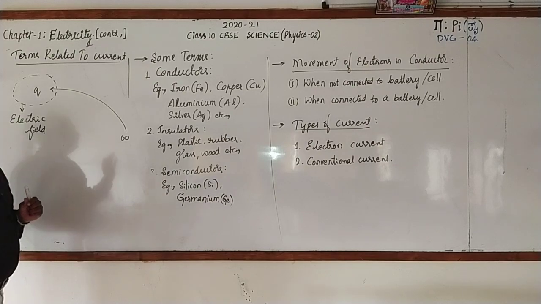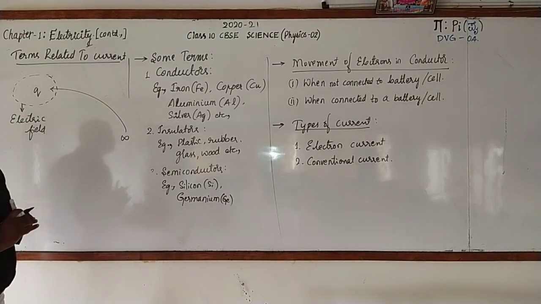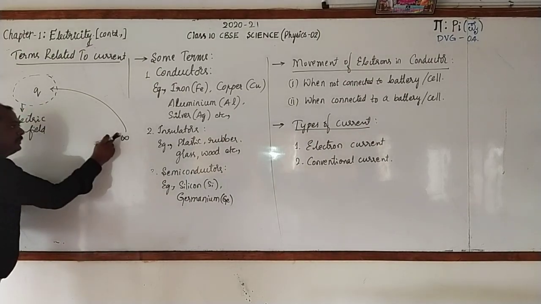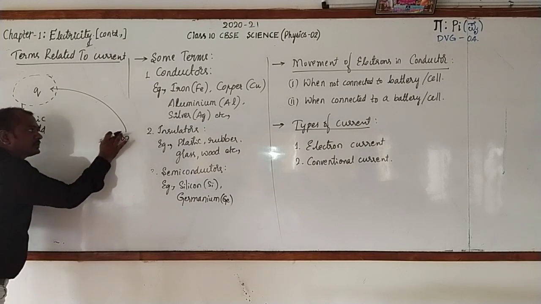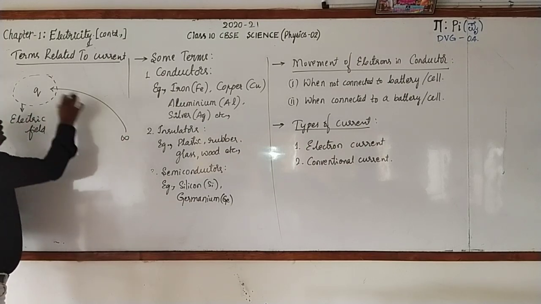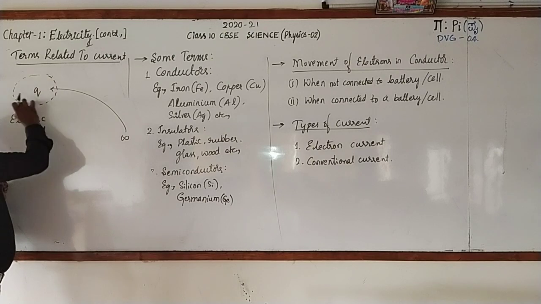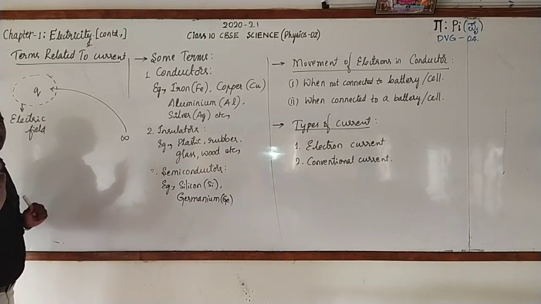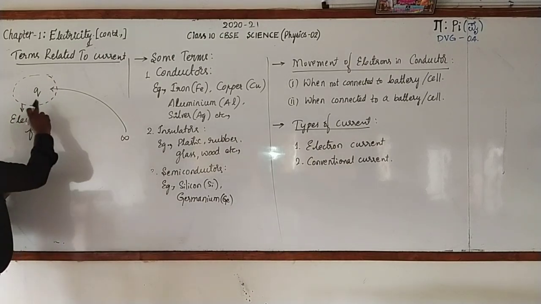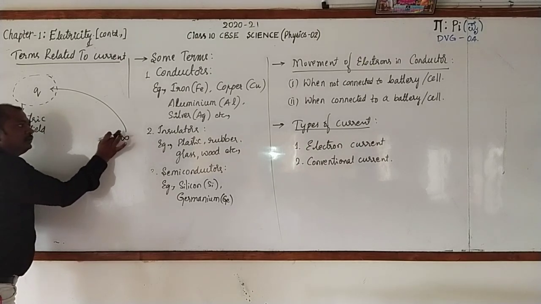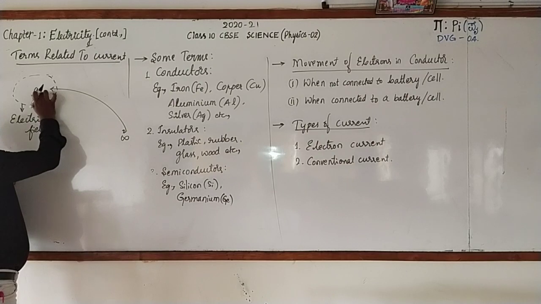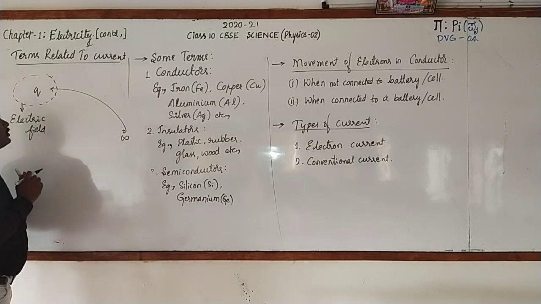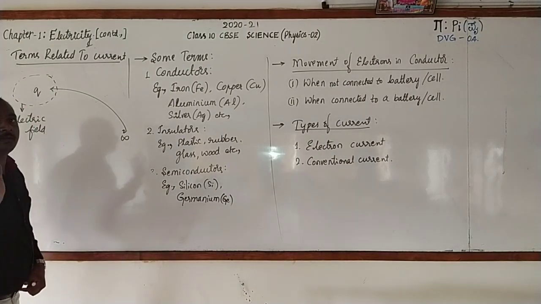Clear? Electric potential means the work done in bringing a unit positive charge from infinity to the given point in an electric field. Once again, the work done in bringing a unit positive charge from infinity to the given point in an electric field is called electric potential.